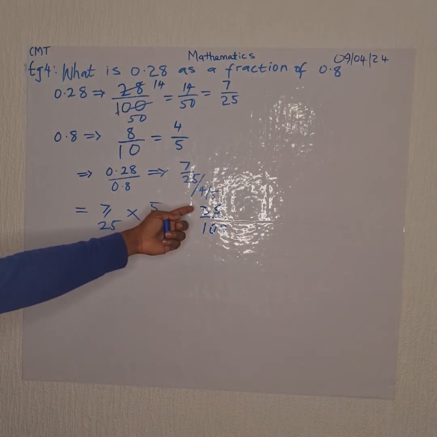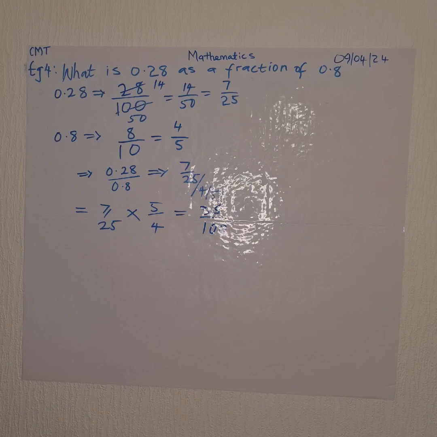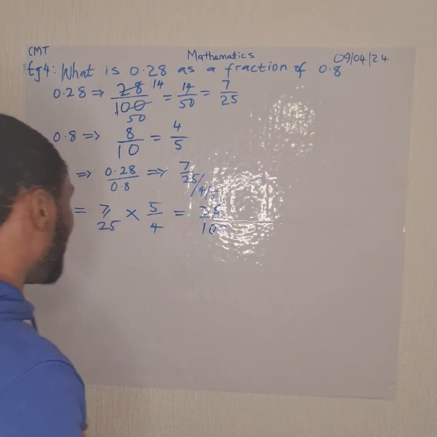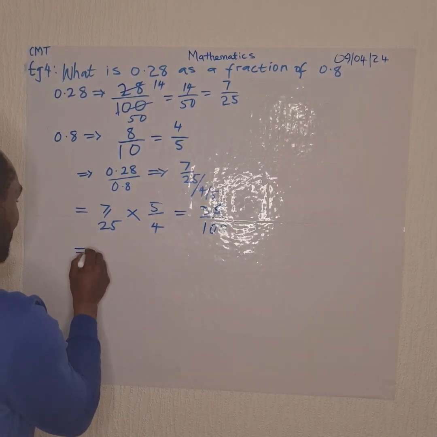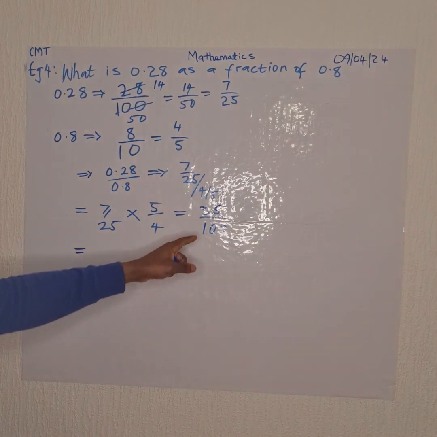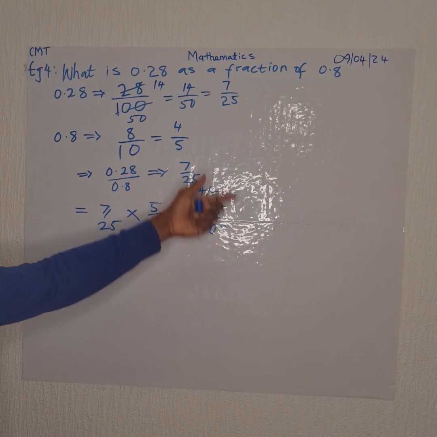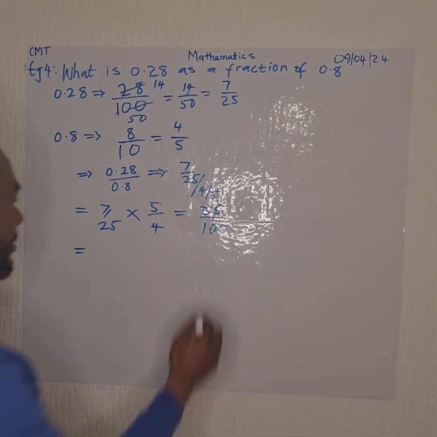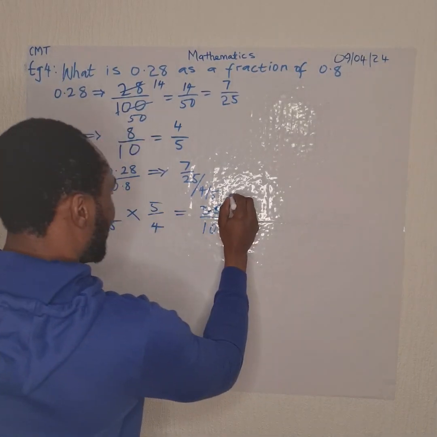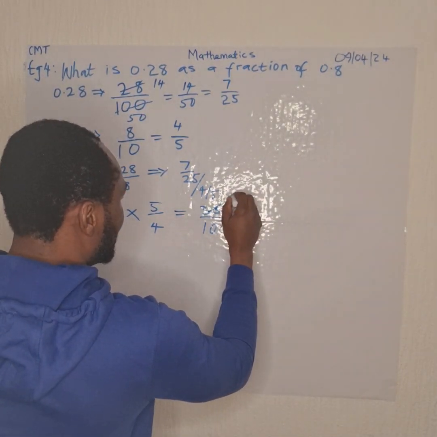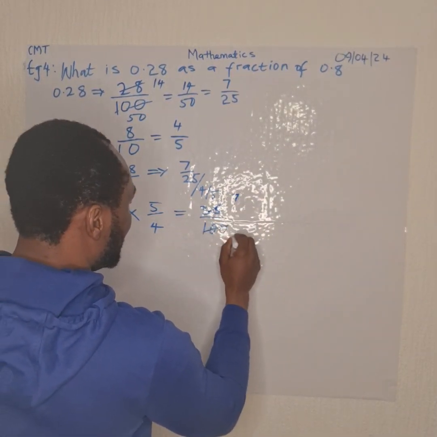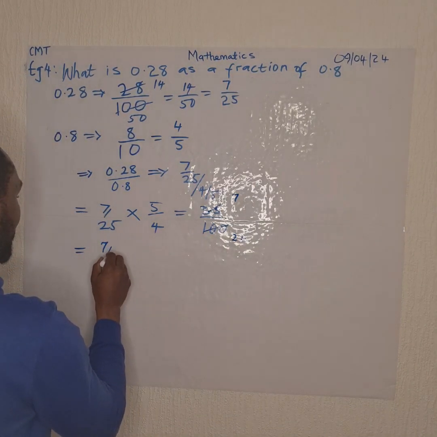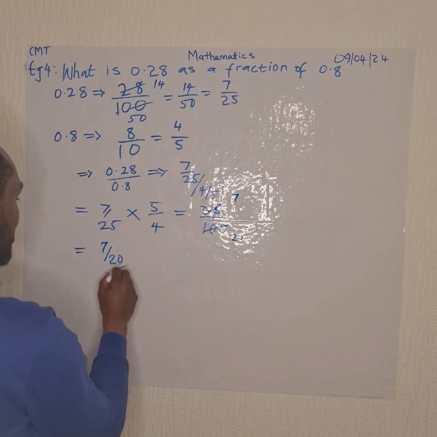So we got 35 over 100. But this is not the simplest form yet. So to reduce it further to the simplest form, what is the common factor here? I'm thinking 5. Yes, 5 can divide this. I have 7, and 5 can divide this. I have 20. So the answer is 7 over 20.